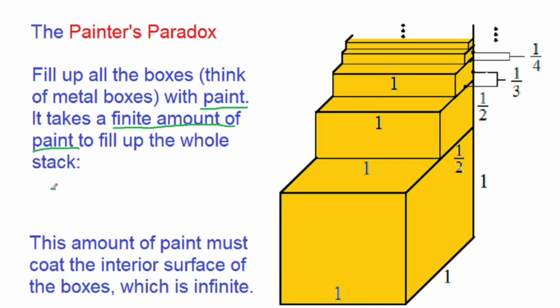We can actually be more specific if we use the sum of the series, which is approximately 1.645 cubic units, a relatively small amount of paint that is enough to fill up the entire stack. But we know that the interior surface of all the boxes is infinite, has infinite surface area, so we have a finite amount of paint coating an infinite surface area, and that's the painter's paradox.